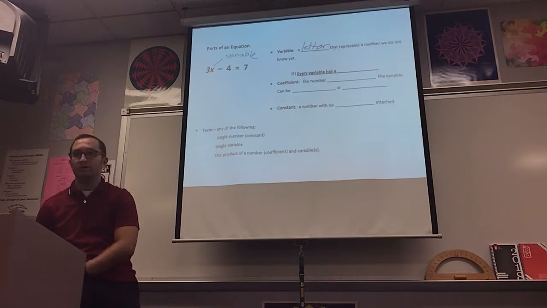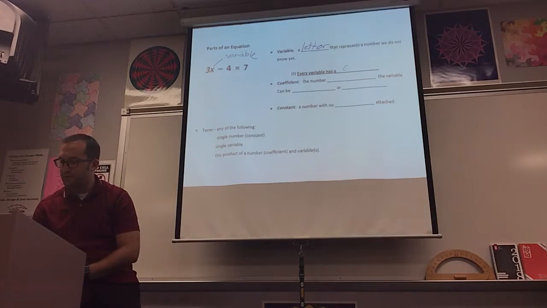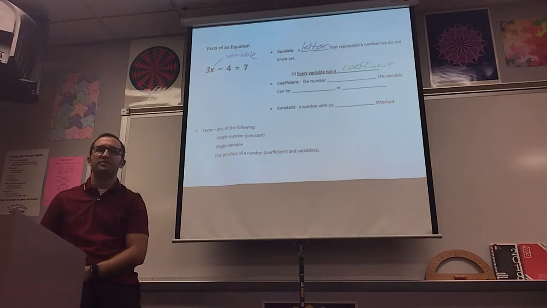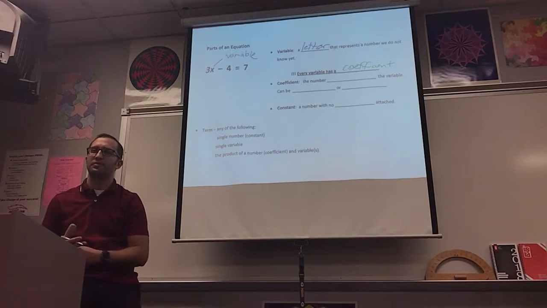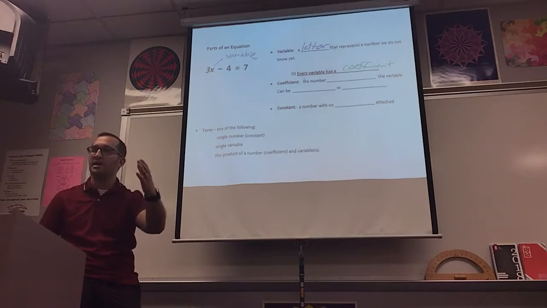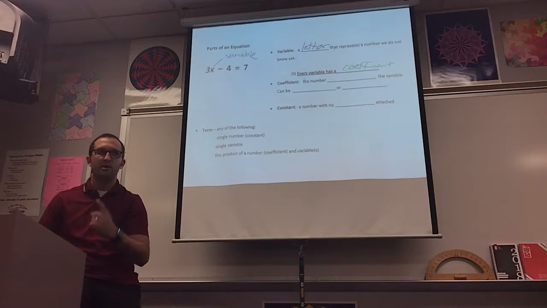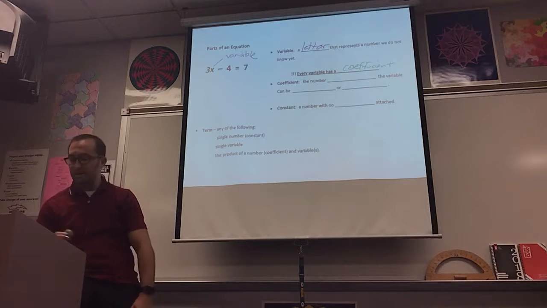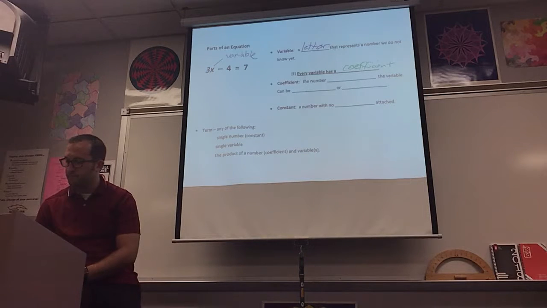Every variable has a coefficient. Everybody say coefficient. Coefficient. Good. Every variable, every single one, even if there's no number in front of it. If there's no number in front of the variable, do you remember what number it is? 1. If I have an x, how many x's do I have? 1x, right? So a coefficient is the number in front of the variable.